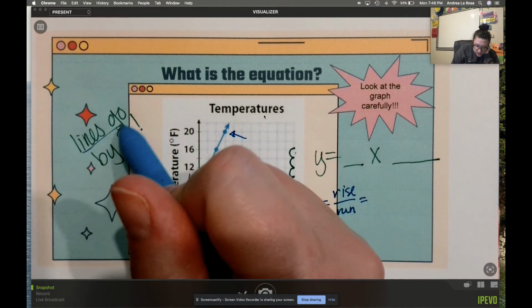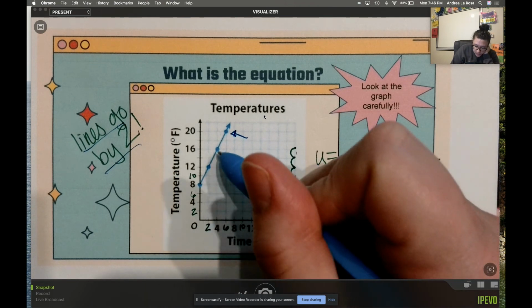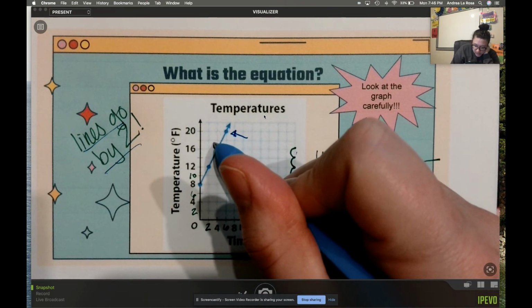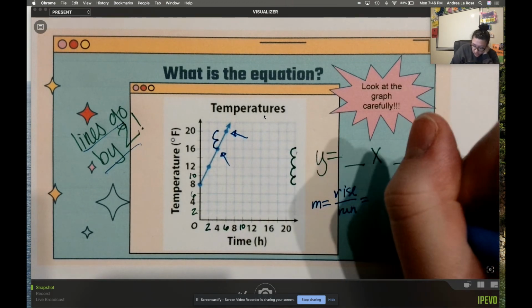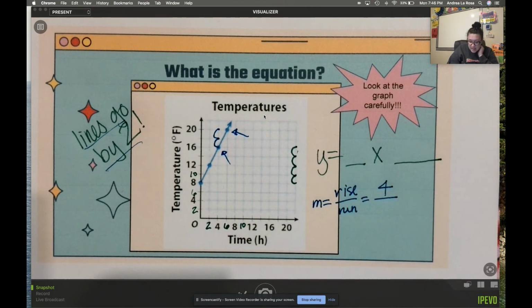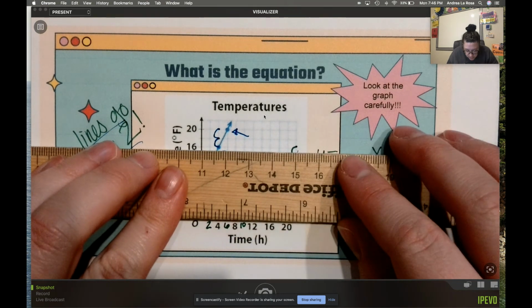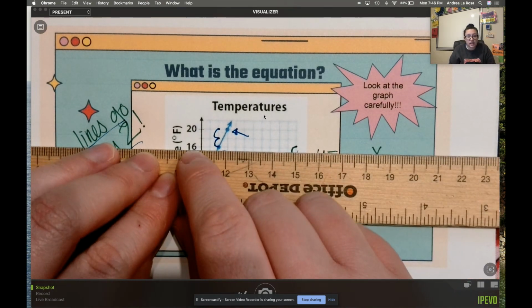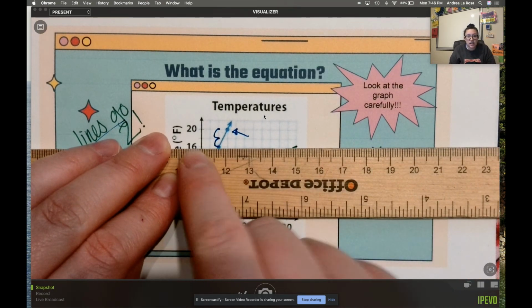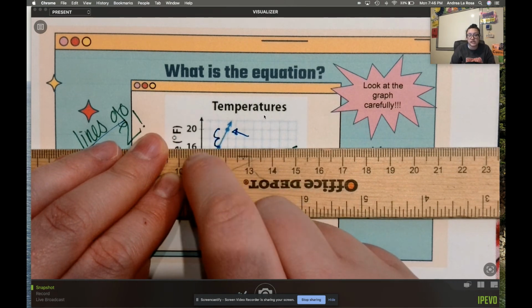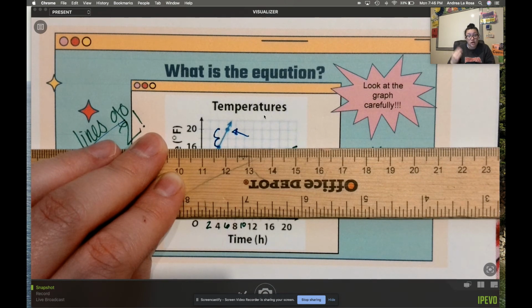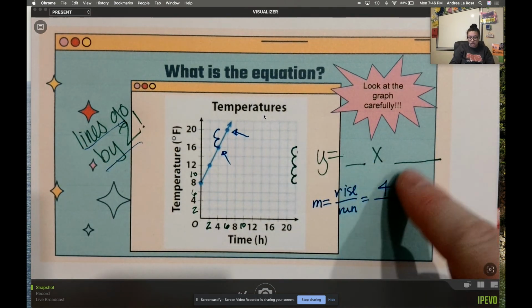For my rise, I would count this as 1, 2, 3, 4. I would count that as 4. And that makes sense. Because if I look over here at the side, this dot starts at 16 and it goes up to 20. That difference between 16 and 20, that's 4. So I went up 4 spaces just like we found.